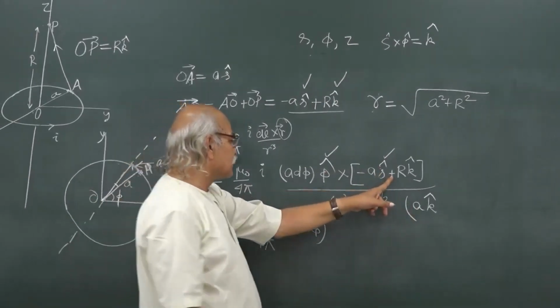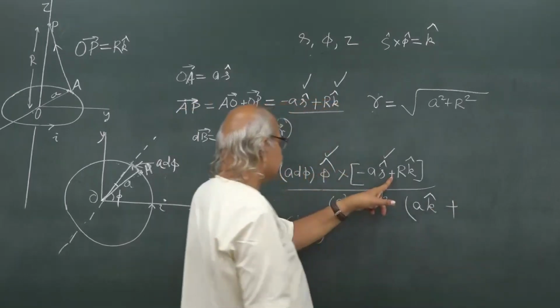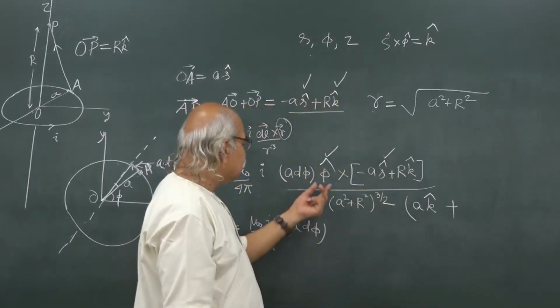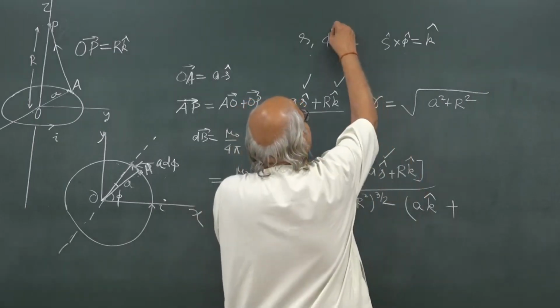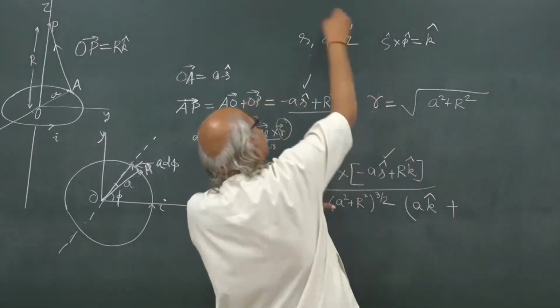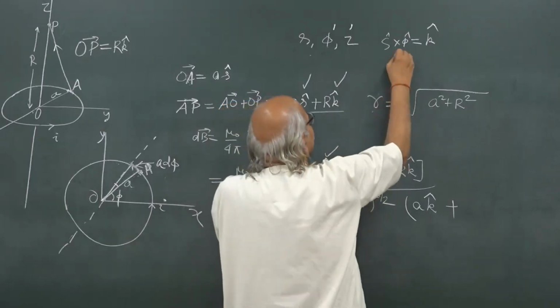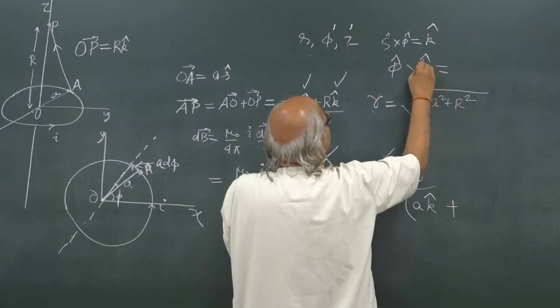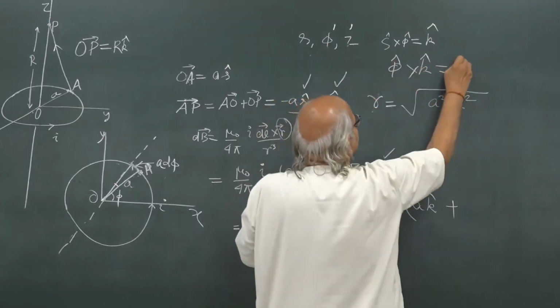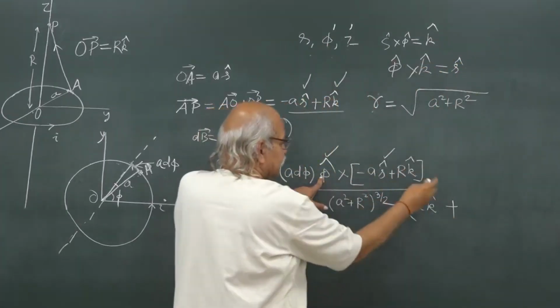Then here plus A d phi, which we have already written. So phi cap cross k cap will be s cap. This is s cap.